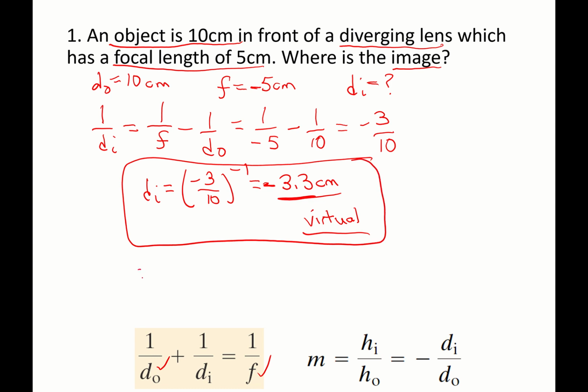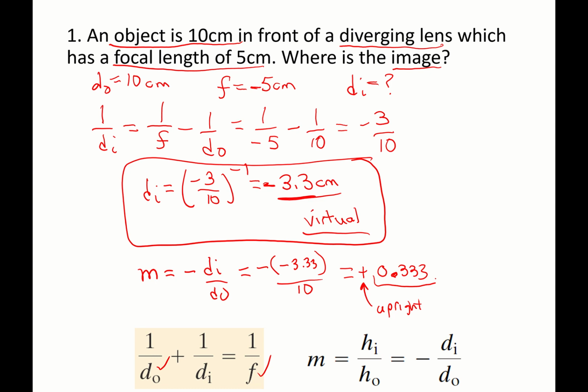What's the magnification? Magnification is minus DI over DO. So it's going to be minus negative 3.33 over 10. So it's going to be plus 0.333. So what does that mean? Well, the positive means it's upright.